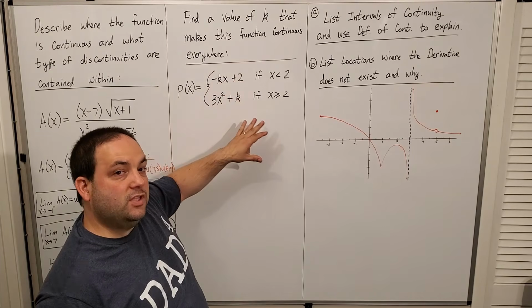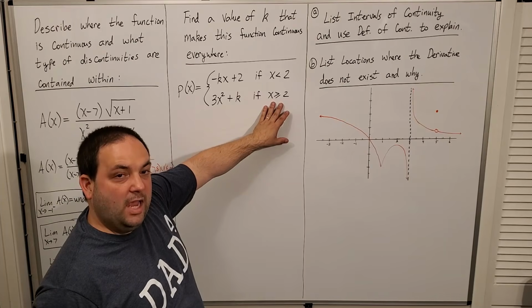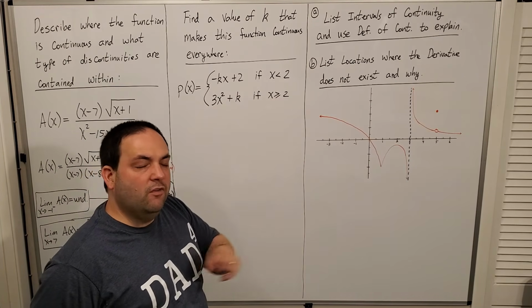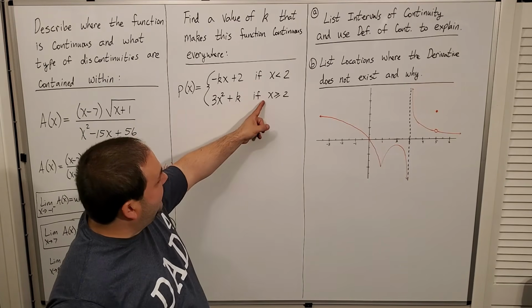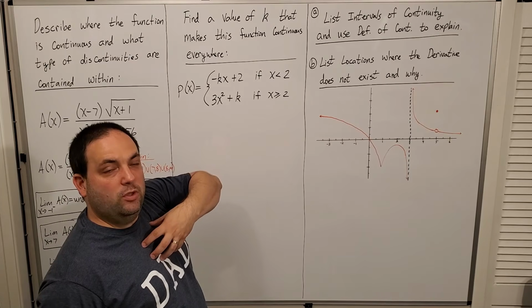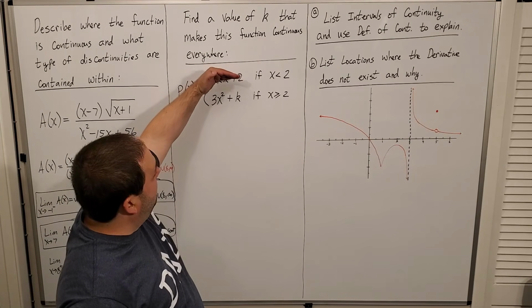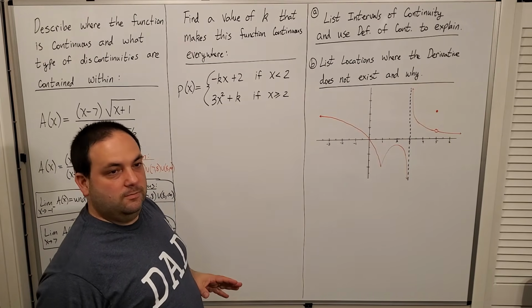By themselves, those are continuous everywhere. So whatever piece I grab is going to be continuous for that whole piece. So then what's the problem? The split. The split is the only point I'm concerned with being discontinuous because it's made of two very continuous functions.